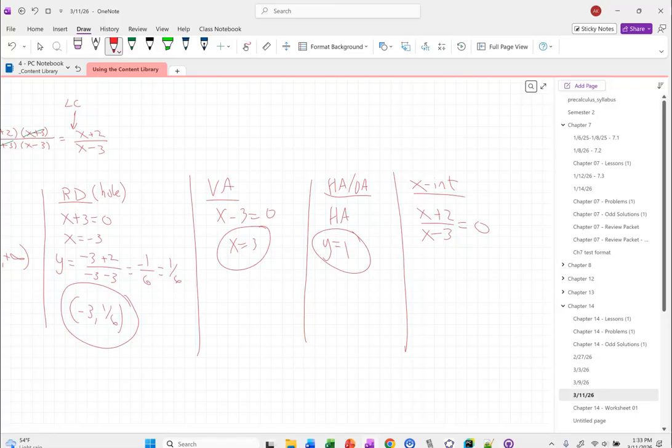Okay, we're going to find the x-intercept next. So I plug 0 in for y, and then I solve for x, right? What I have as a fraction is equal to 0. When is a fraction equal to 0? When the numerator is 0.